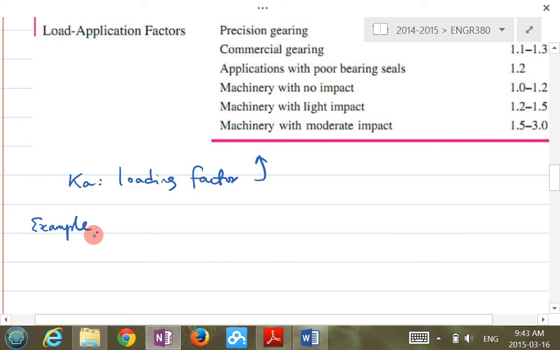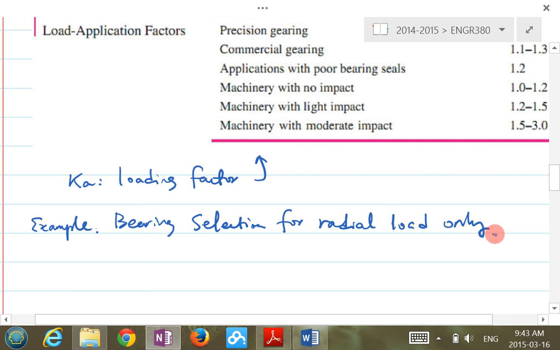What's the procedure for picking the bearing when you have a radial load only? Bearing selection for radial load only.